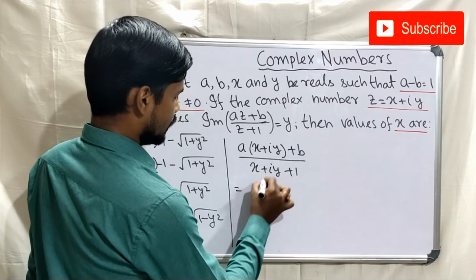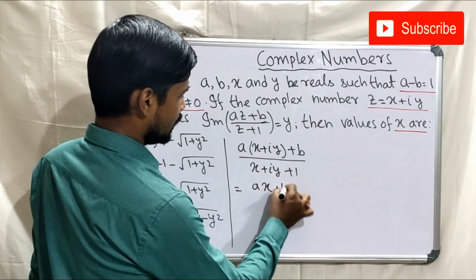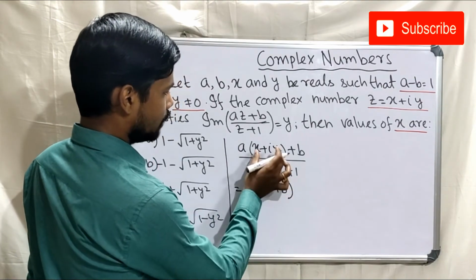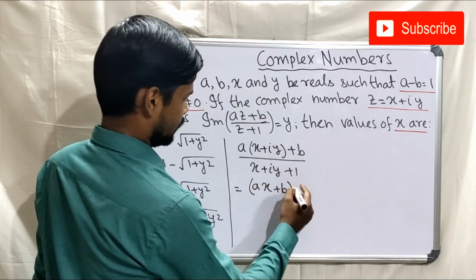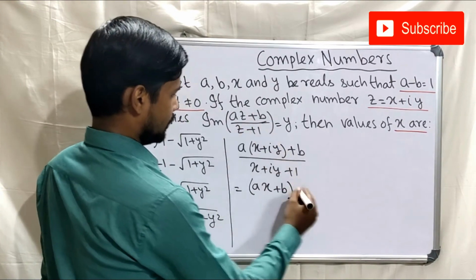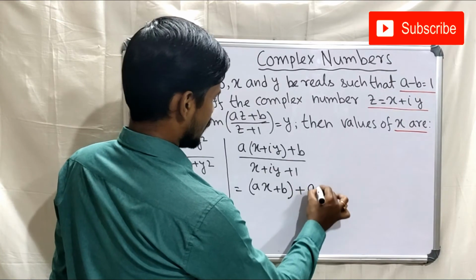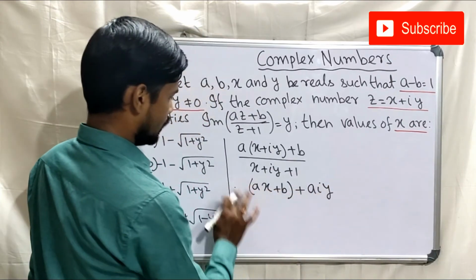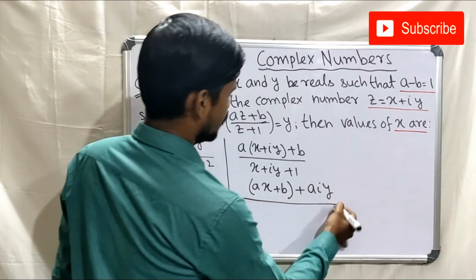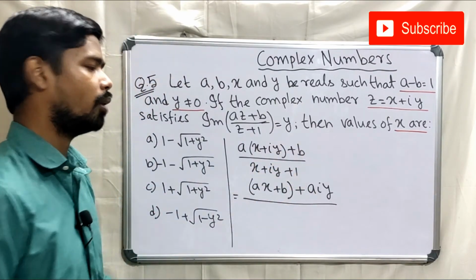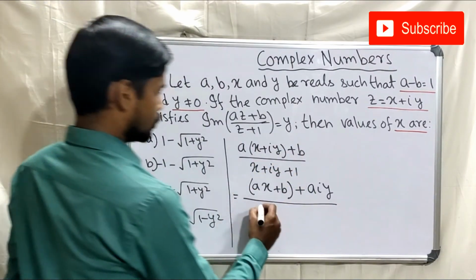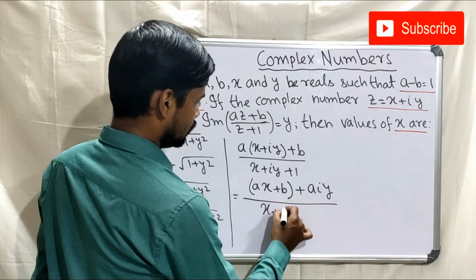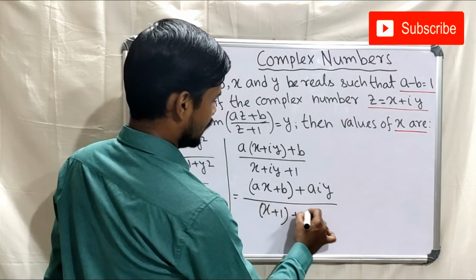Look, this is ax plus b, the real part, plus aiy in the numerator. At first let's represent this complex number in the form of a plus ib. The denominator is x plus 1 plus iy.